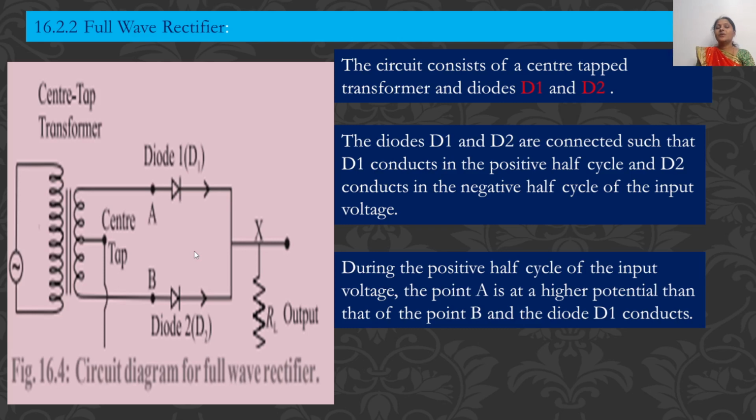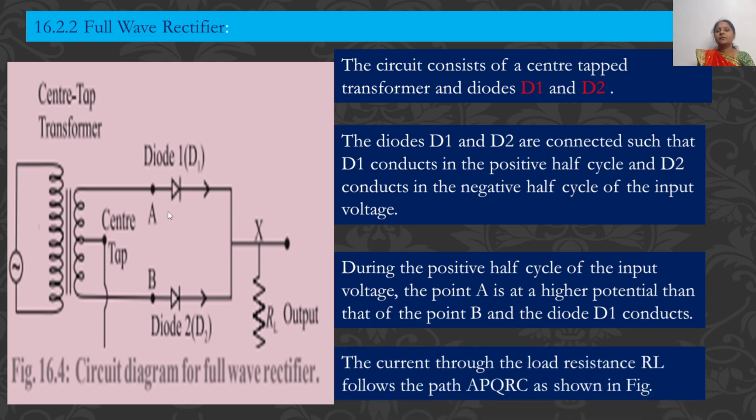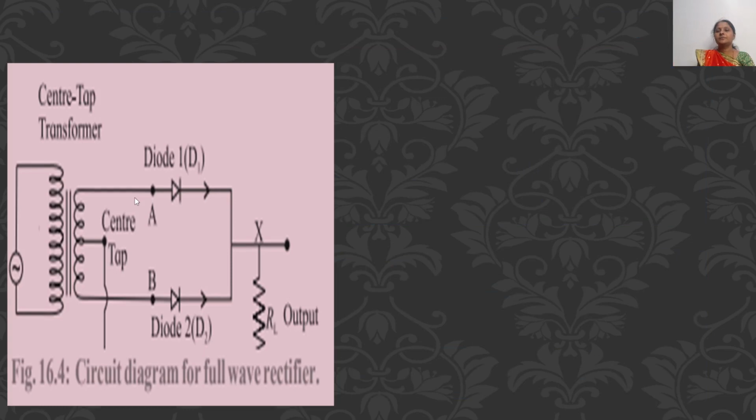During the positive half cycle of the input voltage, point A is at a higher potential than point B. The diode D1 conducts. The current through the load resistance RL follows the path A, P, Q, R, C as shown in the figure.